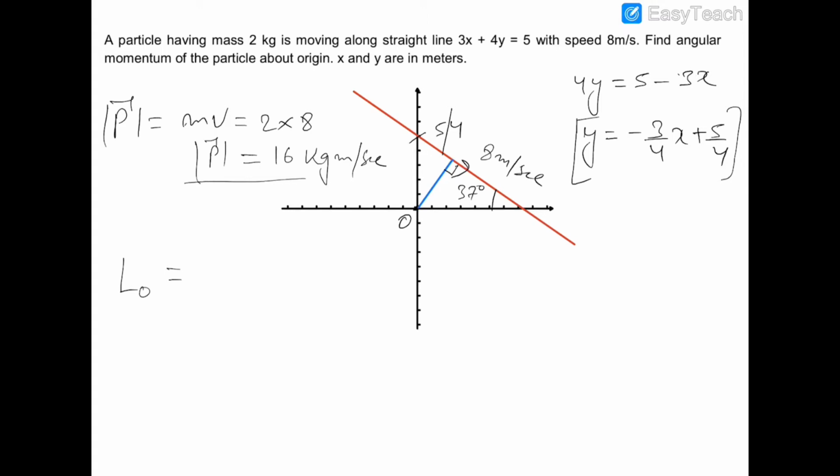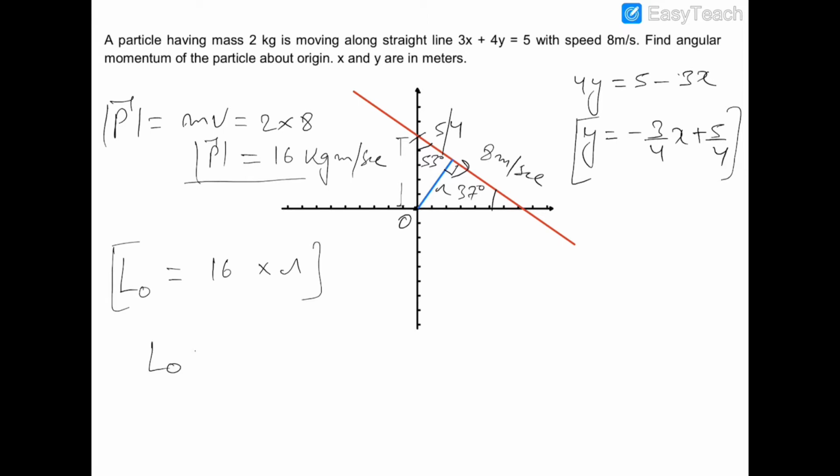You can see that this is 5 by 4 and this angle is 53 degrees. Let us suppose the length of the perpendicular is r. The angular momentum will be 16 into r, the perpendicular distance.